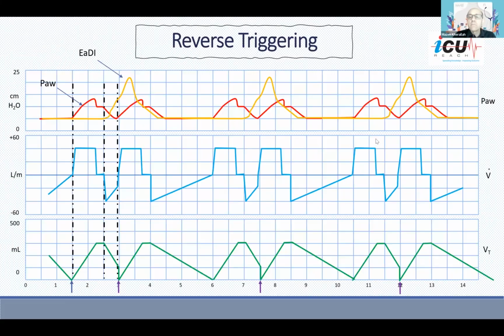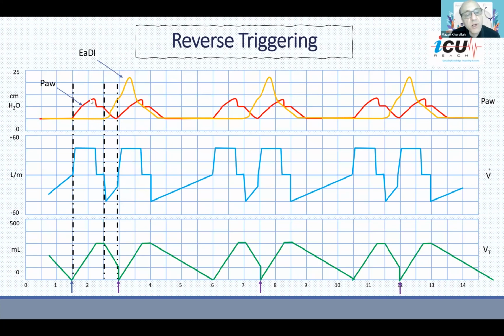Let's just see. Yeah, it's actually, you know, the thing is, in reverse triggering, you may see some exhalation. Like the example that I have here, you can see some exhalation here. However, if this is happening earlier here, you don't see any exhalation.